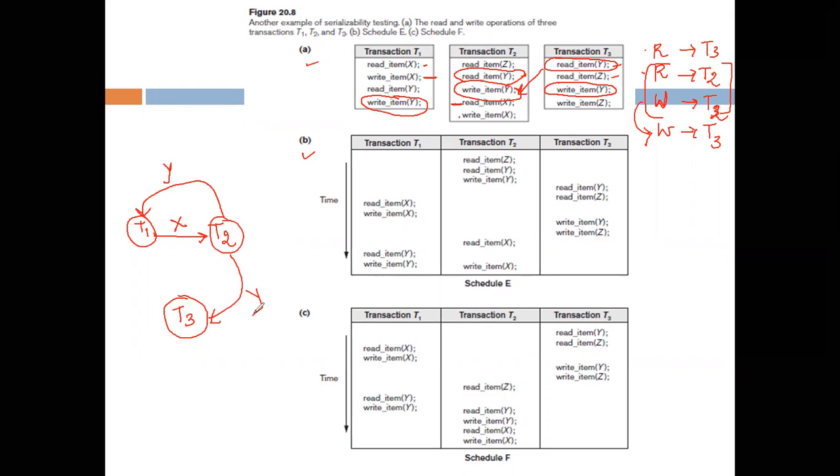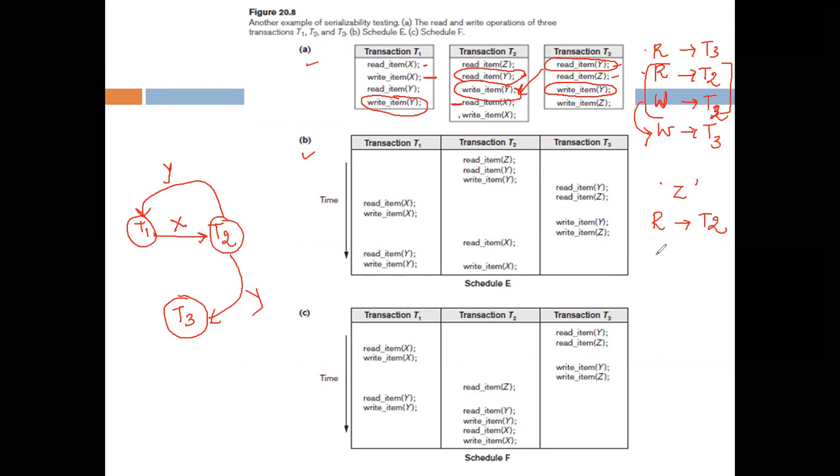Then look at variable z. The first z operation that is happening is in transaction 2, that is a read operation. So read is happening in T2.